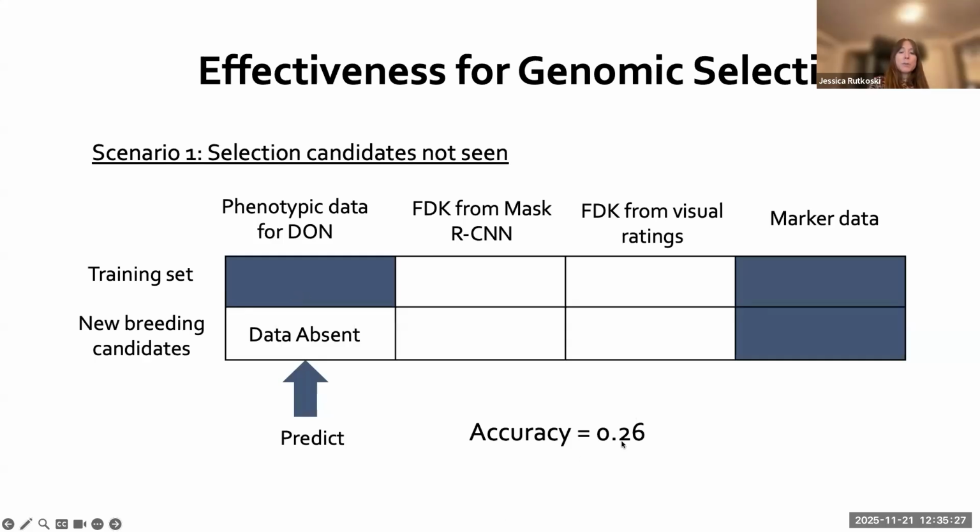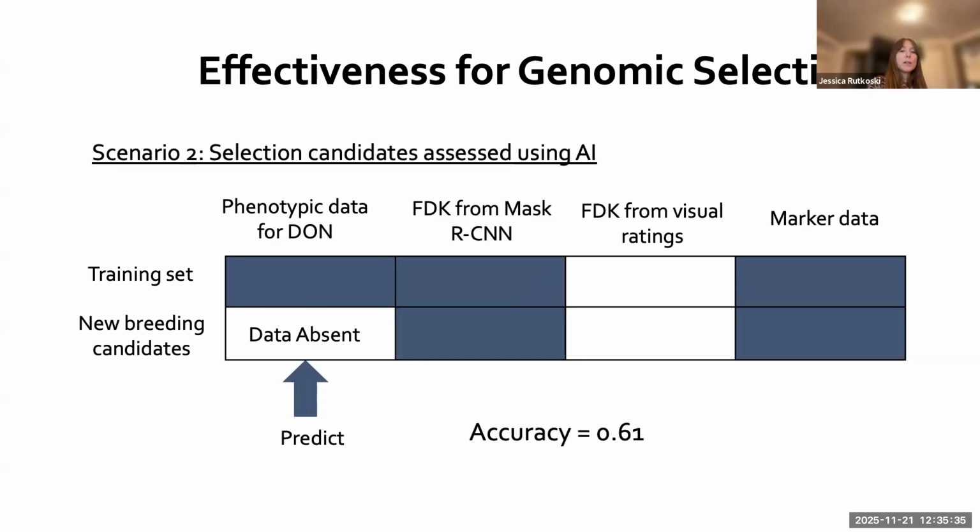We get an accuracy of 0.26, so pretty low, but this is telling us the baseline that we want to improve upon. And then what if we have our phenotypes from Mask R-CNN and the images? Well, we can increase that quite a bit. Now accuracy gets higher, 0.61. And how does that compare to what we'd have with visual ratings?